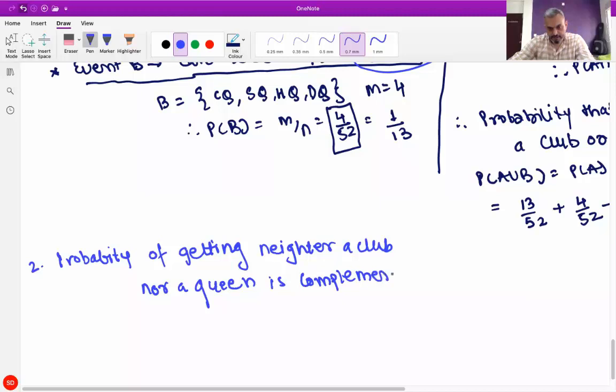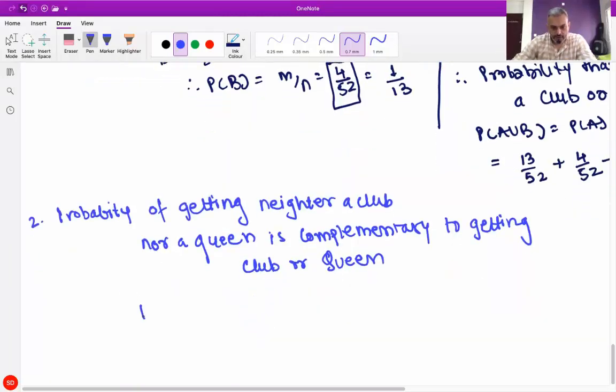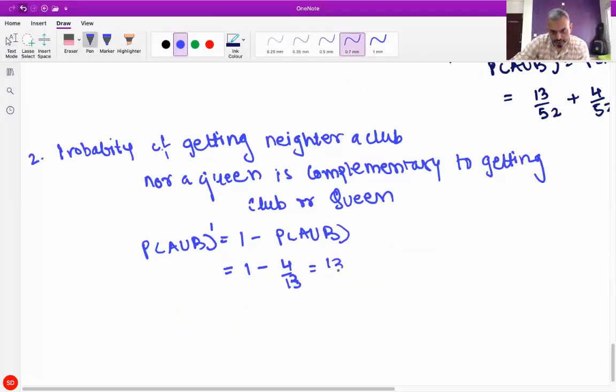complementary to getting club or queen. It means what? We have to find probability of A union B complement, which is 1 minus probability of A union B, which is equal to 1 minus 4 by 13, which is equal to 13 minus 4 by 13, which is 9 by 13.